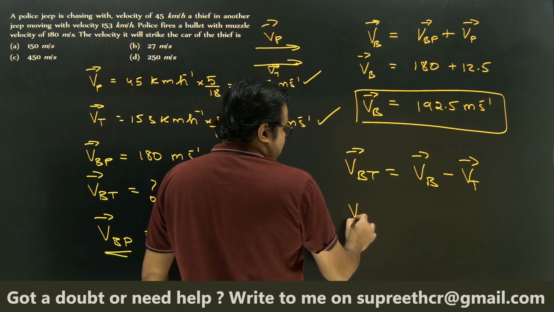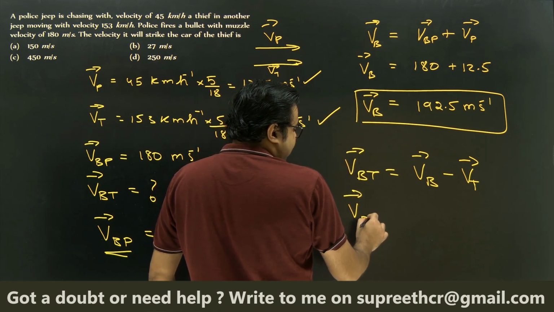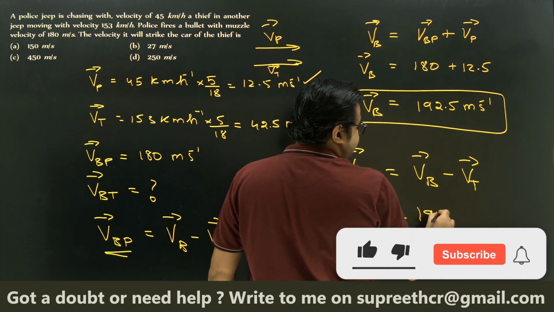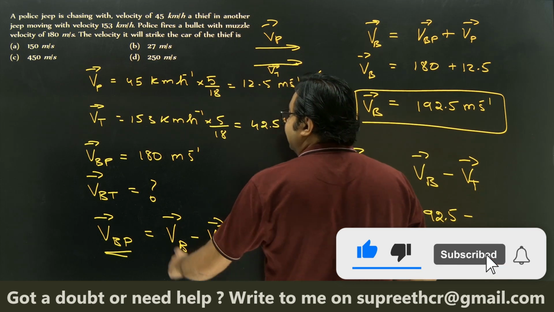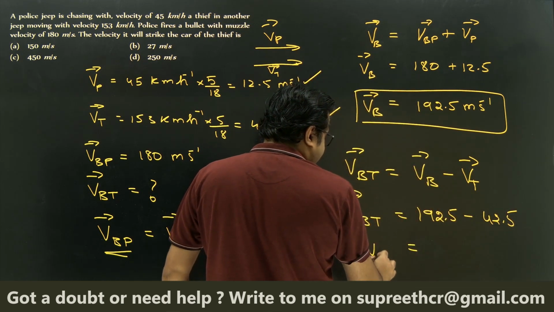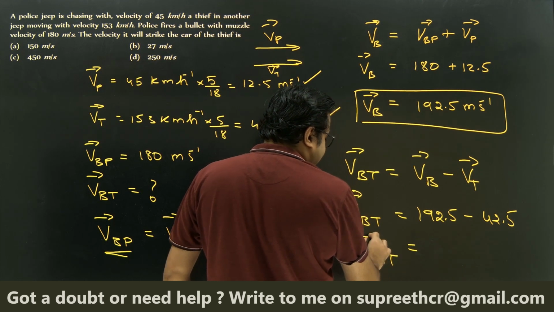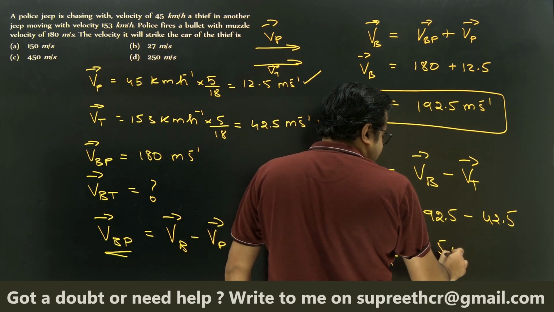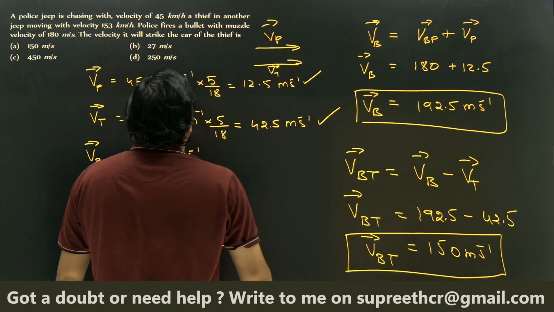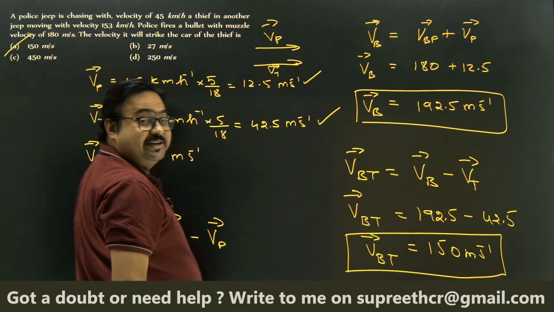I think it's all now known. Velocity of the bullet with respect to the thief is velocity of the bullet, which is 192.5, minus velocity of the thief, that's 42.5. The answer you would get for the velocity of the bullet with respect to the thief is 150 meter per second. That's your answer. 150, dear friends, is option A.